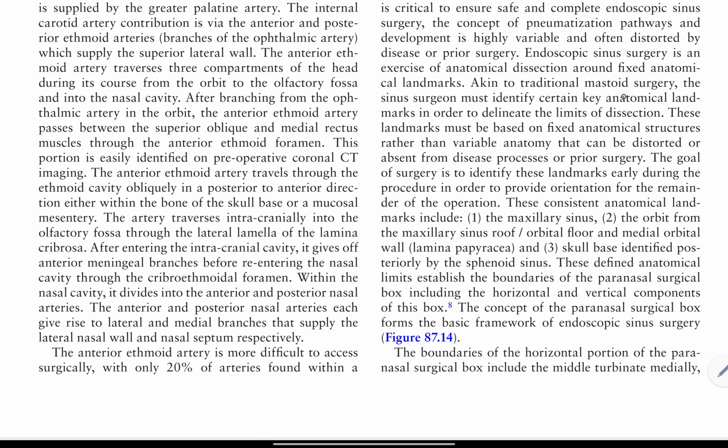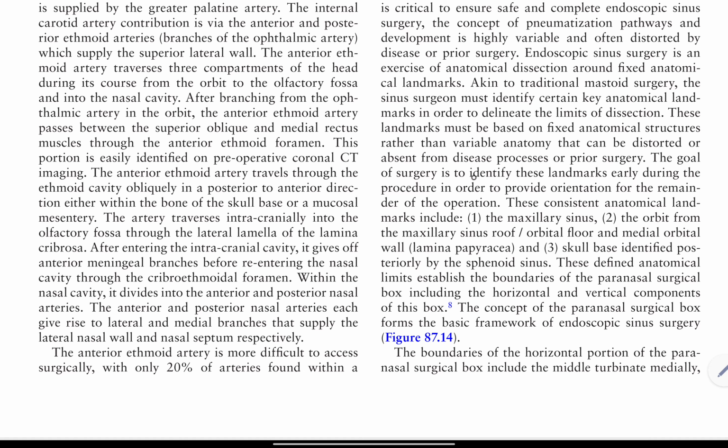Akin to traditional mastoid surgery, the sinus surgeon must identify certain key anatomical landmarks in order to delineate the limits of dissection. These landmarks must be based on fixed anatomical structures rather than variable anatomy that can be distorted or absent from disease processes or prior surgery.